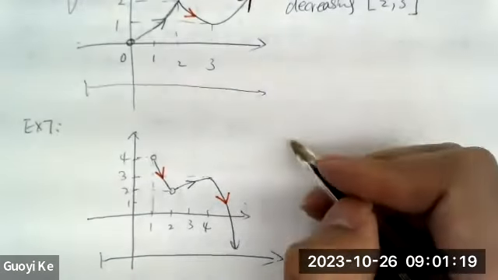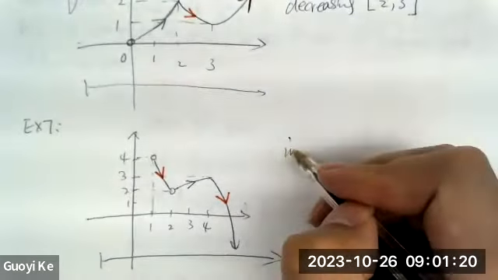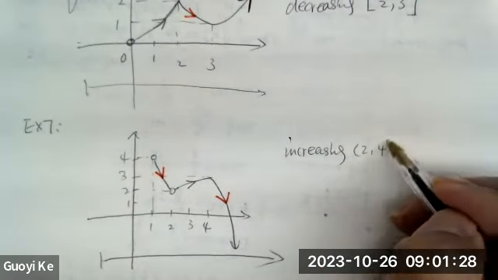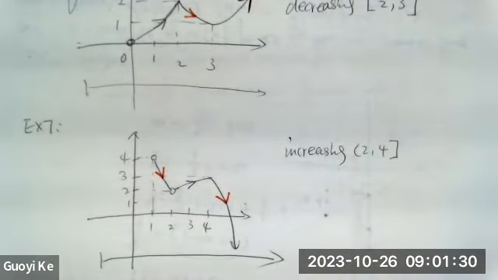So increasing means up arrow from 2 to 4. And be careful, here is an open circle, round brackets.